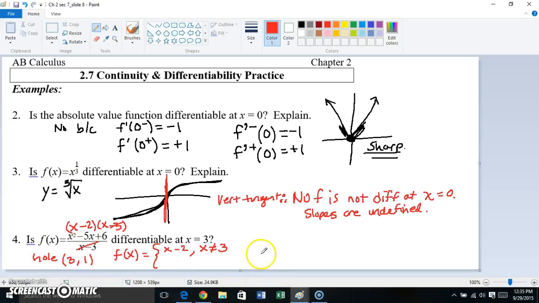So again, this is just the graph of a line, goes through -2, +1 slope, and at 3, what happens? There's a hole in my graph.